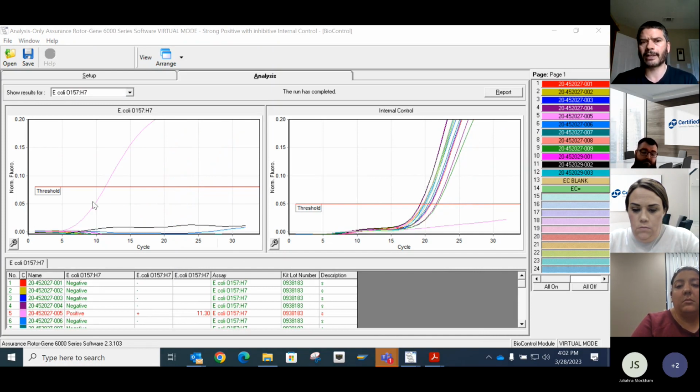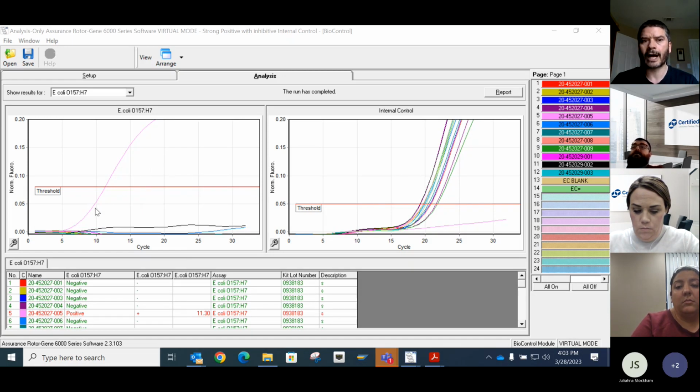Now here is an extremely hot positive with a CT of 11. And if you notice, its IC had absolutely no reagent left to build its double-stranded DNA, but we still got a valid positive result. The reason why, remember what I said, ICs are there to validate negatives, and what they do is ensure that DNA amplification could or did occur, and had there been targeted DNA, it would have been able to amplify.